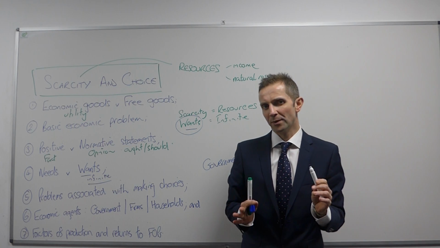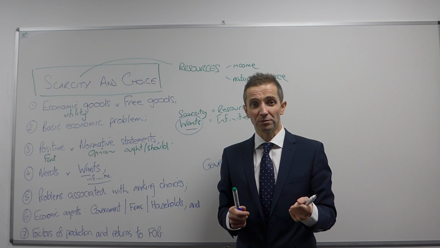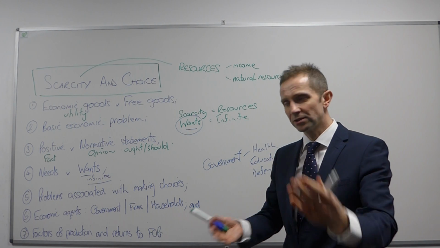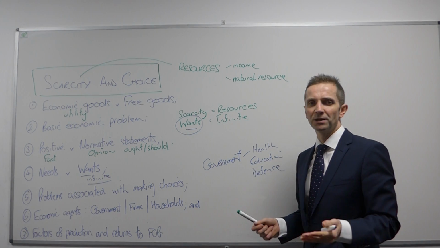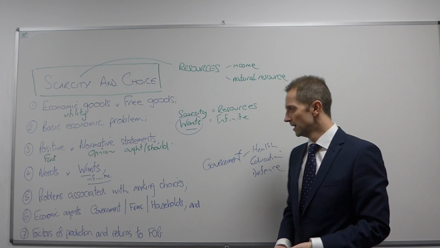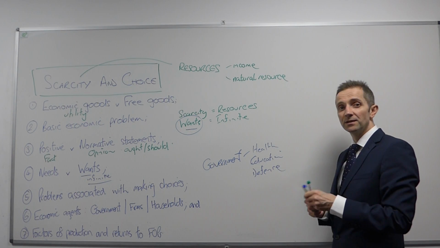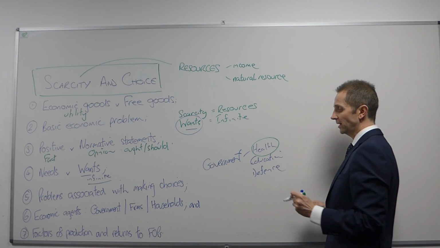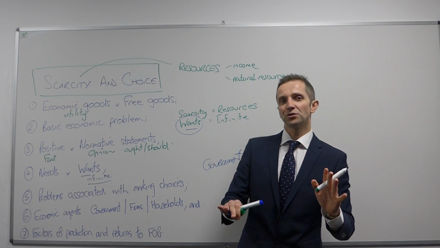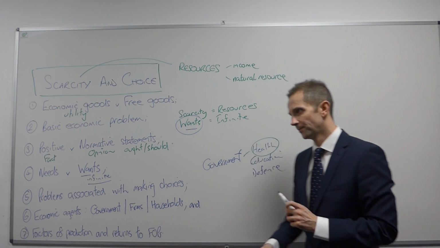And of course the problem is that the government's resources, just like a household's, just like an individual's, are not infinite. And so if more money is pumped into, let's say, the healthcare sector, well, maybe that means that teachers don't get a pay rise for 10 years.